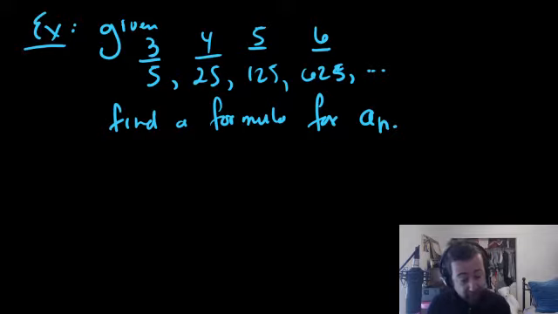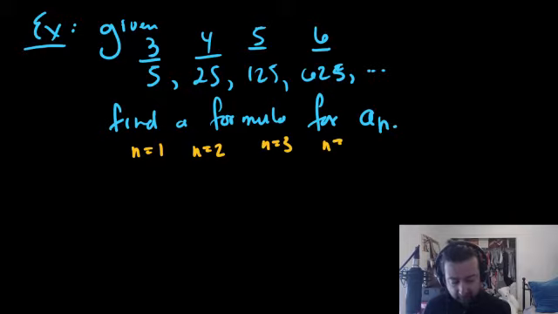The easiest way to get started is to write down the indices that go along with each term. So this is the n equals 1 term. This is n equals 2, n equals 3, n equals 4. And then see on the basis of the index how you can reconstruct the pattern that gave rise to that. It's not so hard to see that in the numerators here, 3 is equal to 1 plus 2, where that's the index.